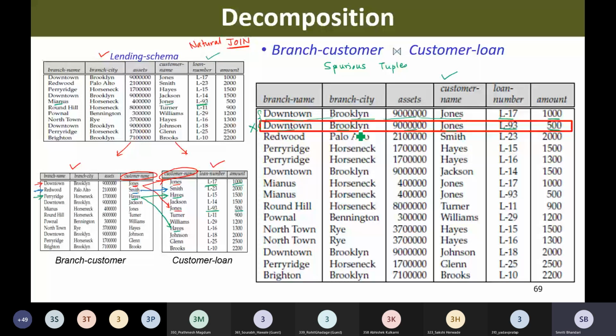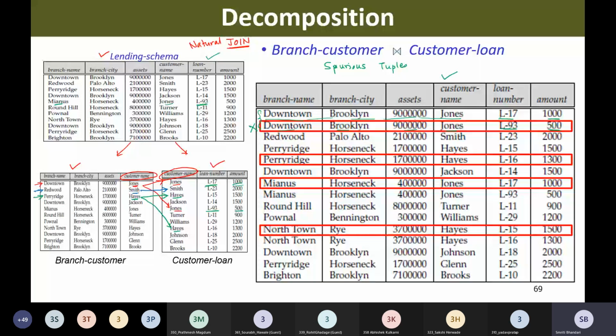Similarly, I can find a few more tuples which are actually invalid, so that data is not valid, right? So in this branch customer natural join customer loan, we have some data which is invalid.